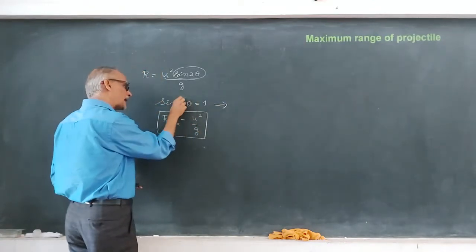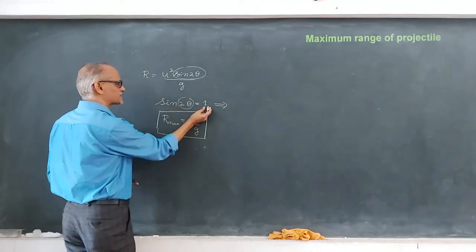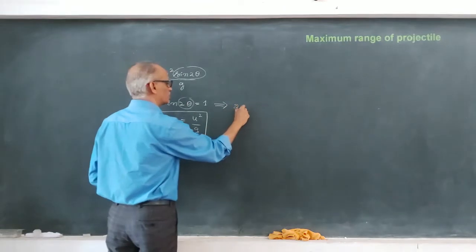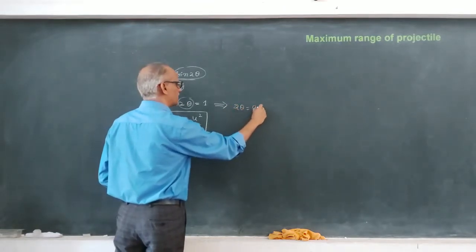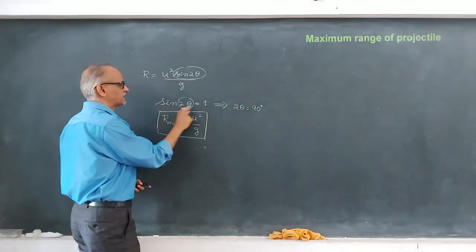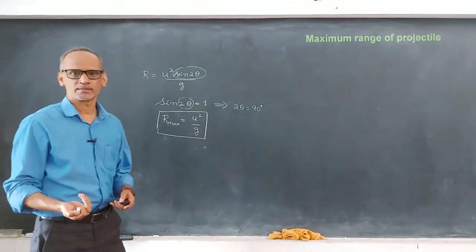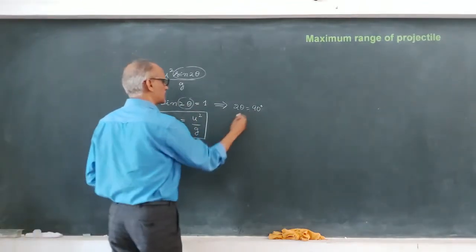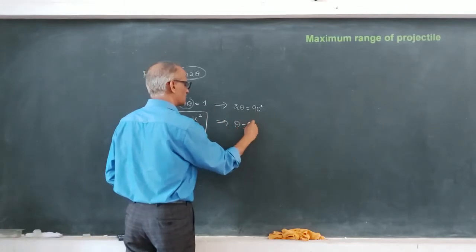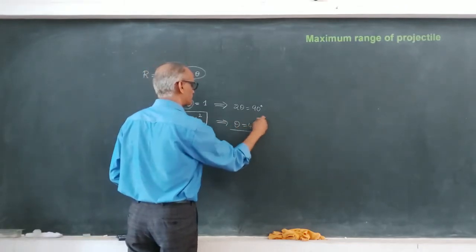Now, for what angle do we get sin value 1? That is when 2 theta is equal to 90 degree, sin 90 degree is 1. We know those are standard values, right. So, 2 theta is 90 degree, that implies that theta is equal to 45 degree.